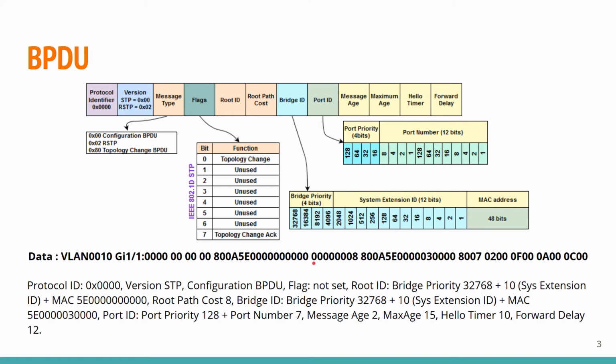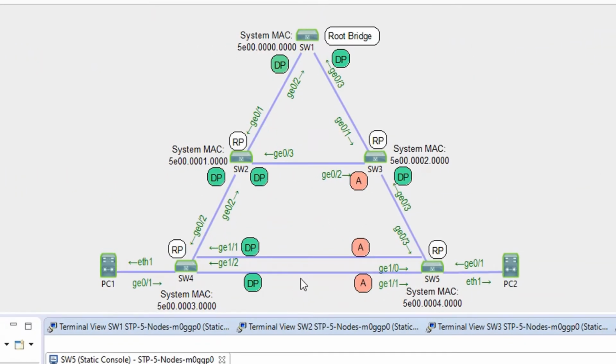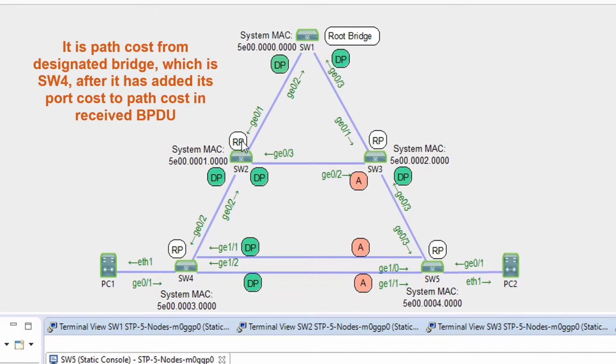Next is 8. 8 is root path cost, and let me show you on the topology. So we got the root path cost 8, and we can see we received this BPDU on interface G11, and it's coming from switch 4, then switch 2, and then from the root bridge. When switch 2 receives the BPDU, it has path cost 0.